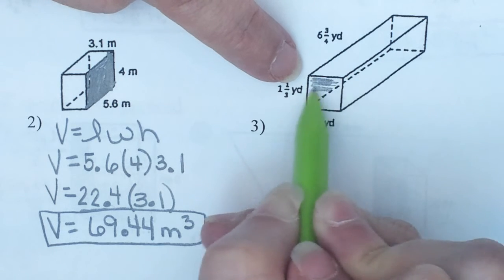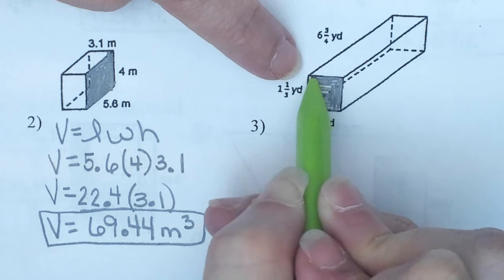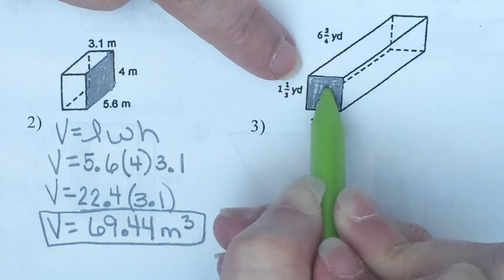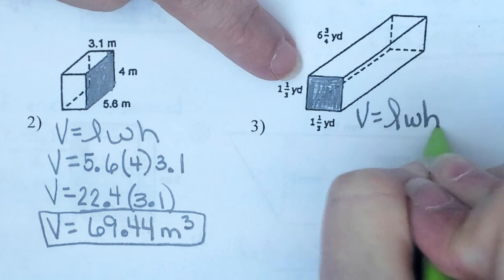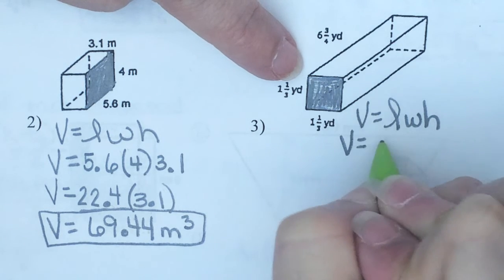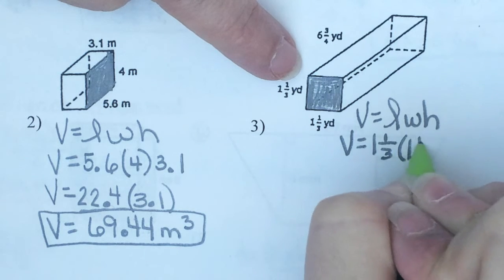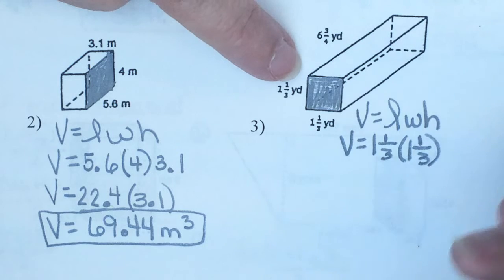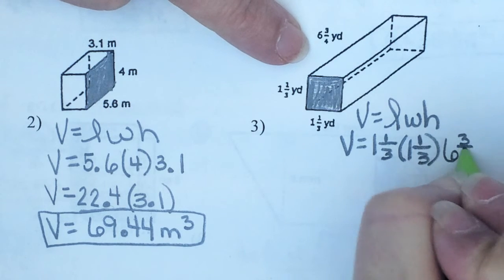You know, it doesn't have to be, but to me, I'm just saying like that's what I would use also. So when I write my formula, 6 and 3/4.